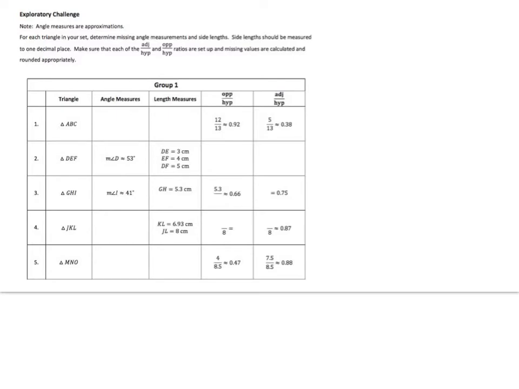For each triangle in the set of triangles in your classwork, determine the missing angle measurements and side lengths. Side lengths should be measured to 1 decimal place. Make sure that each of the adjacent over hypotenuse and opposite over hypotenuse ratios are set up and missing values are calculated and rounded appropriately.